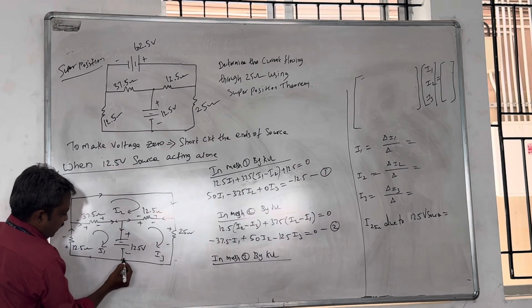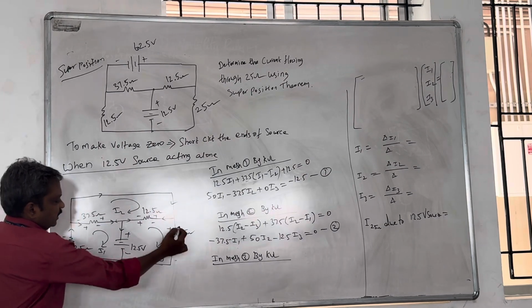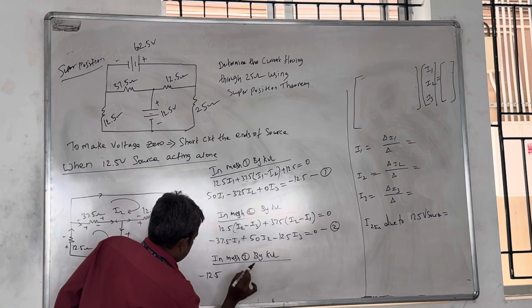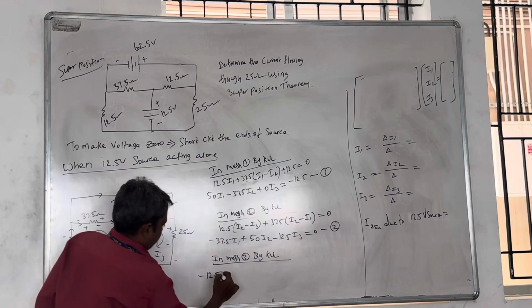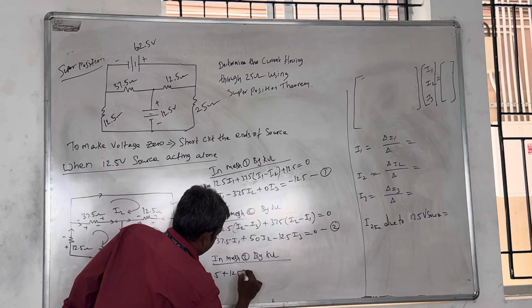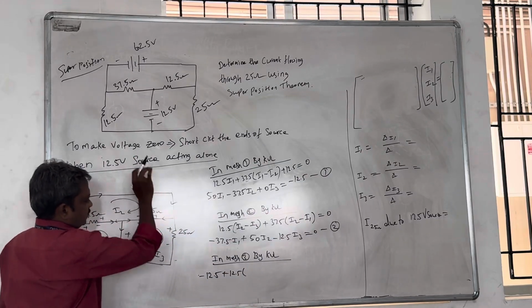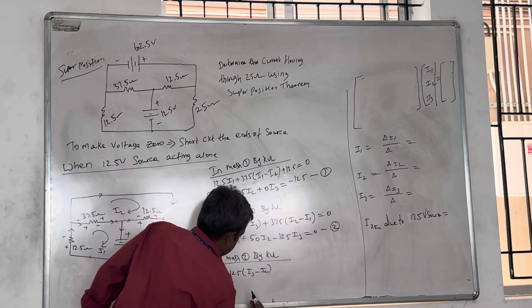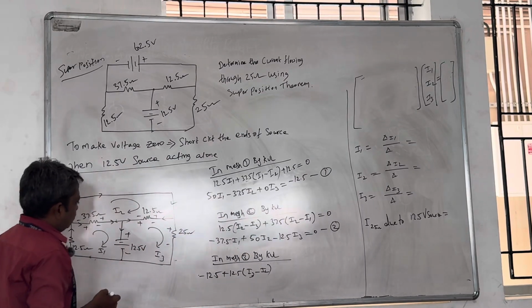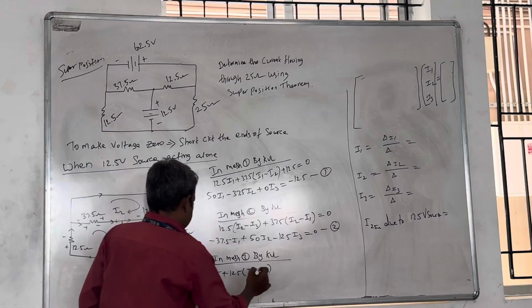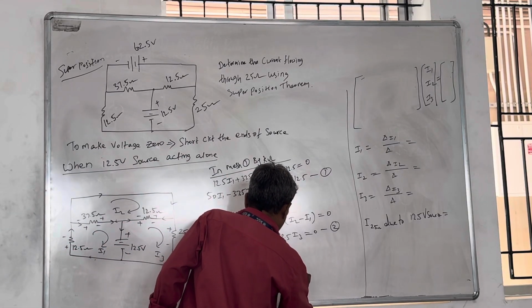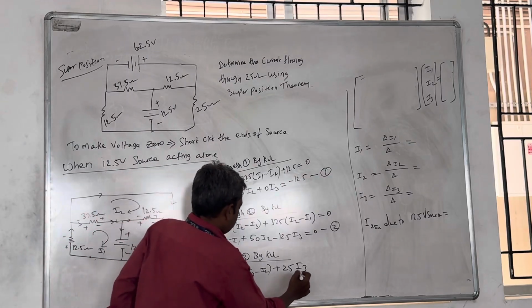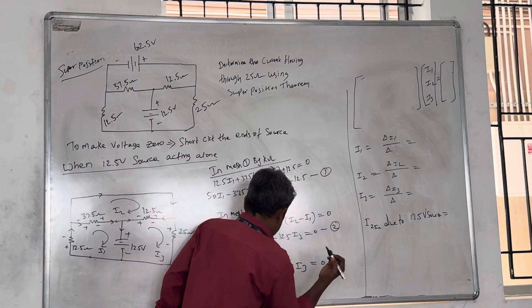I am starting from here and consolidating these 3 potentials: minus 12.5 plus 12.5 into, this is common for I3 as well as I2. And come here, only I3 is flowing in this 25 ohms, equal to, there is no source.